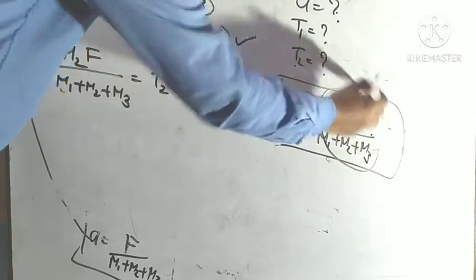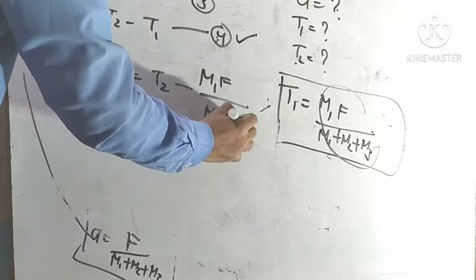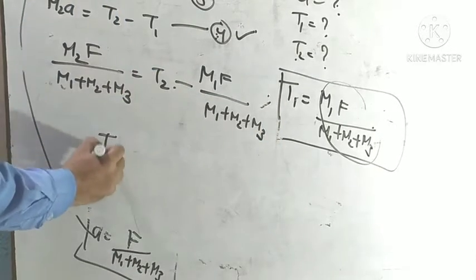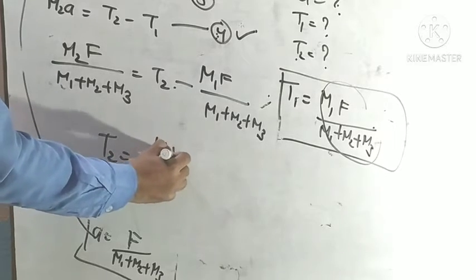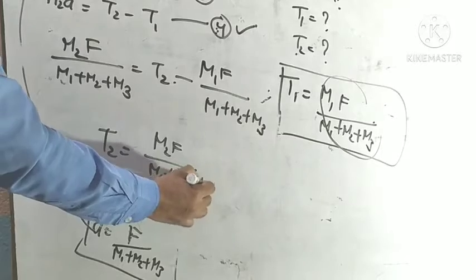The value of T1 is m1F upon m1 plus m2 plus m3. Okay, so we have to find T2. So m2F upon m1 plus m2 plus m3.